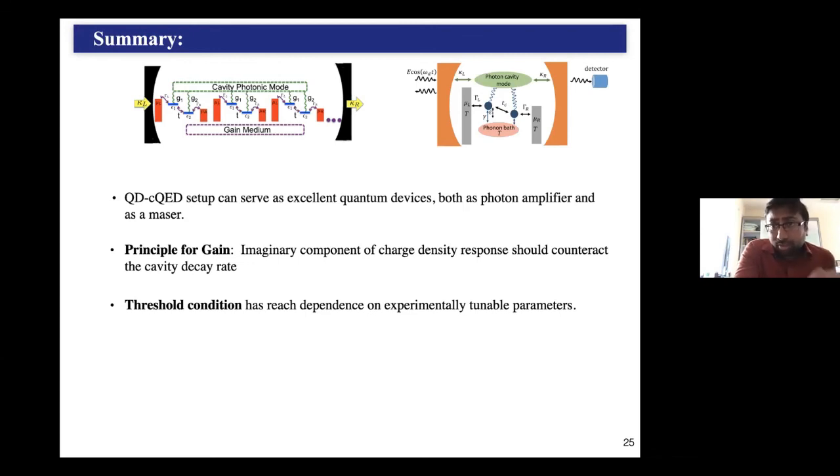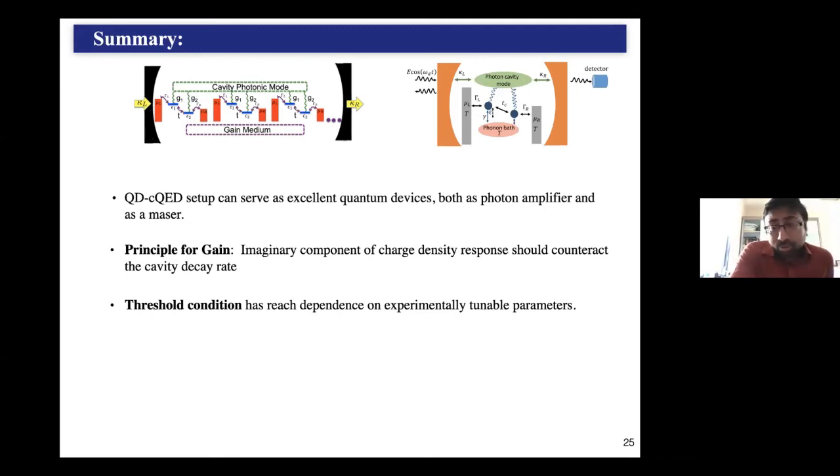The major dissipation is the cavity decay rate, and you have to fight that dissipation by bringing in the gain medium, which gives you the charge density response, and you have to increase that in order to get a gain.